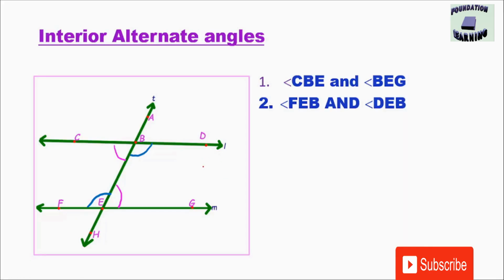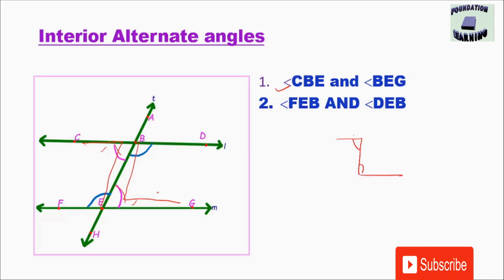Interior alternate angles once again: CBE and BEG. One is above and one is below. One is at this corner and one is this side. Alternate means it is forming like this. One angle is here and the other angle is this side.